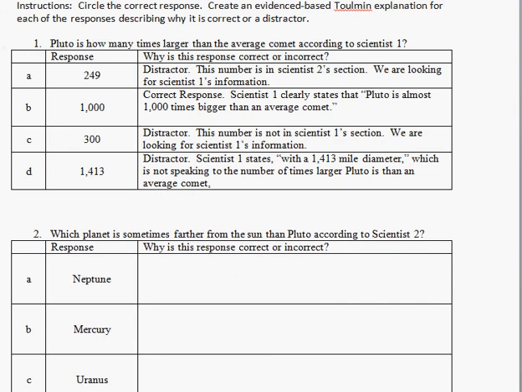Okay. But it is a number in Scientist 1's passage.